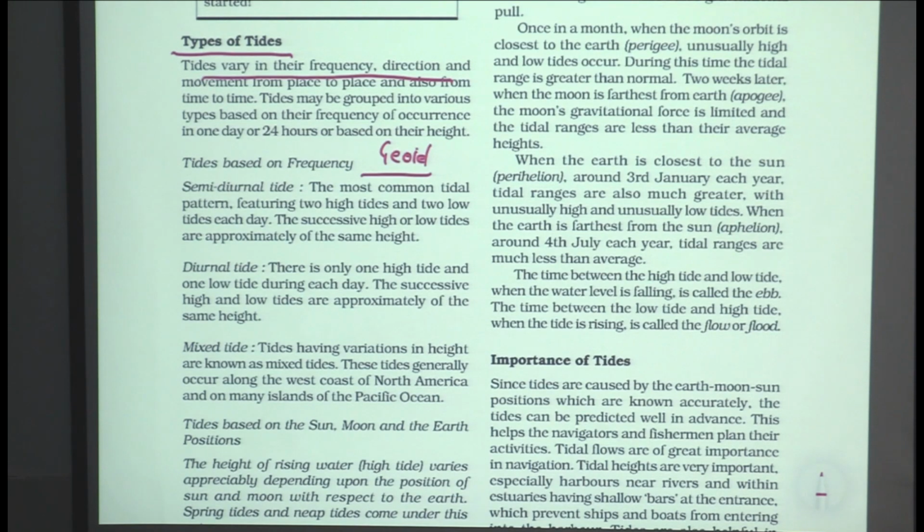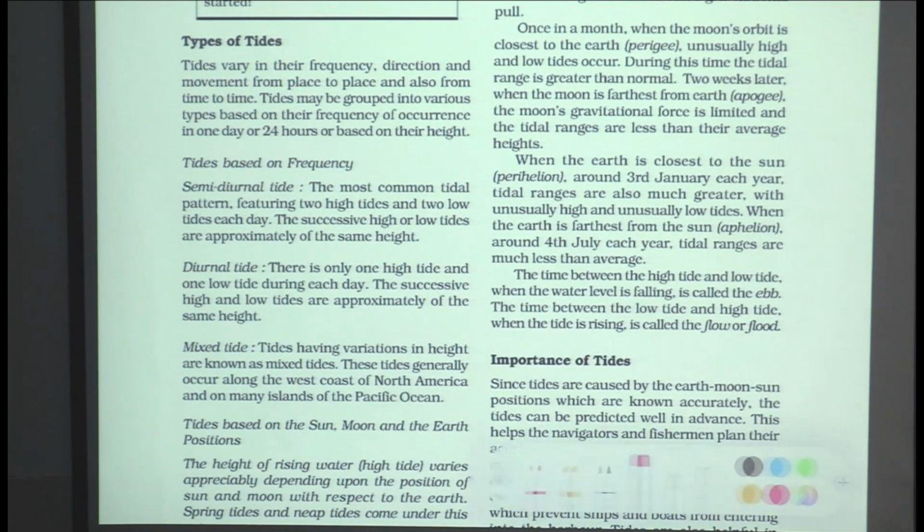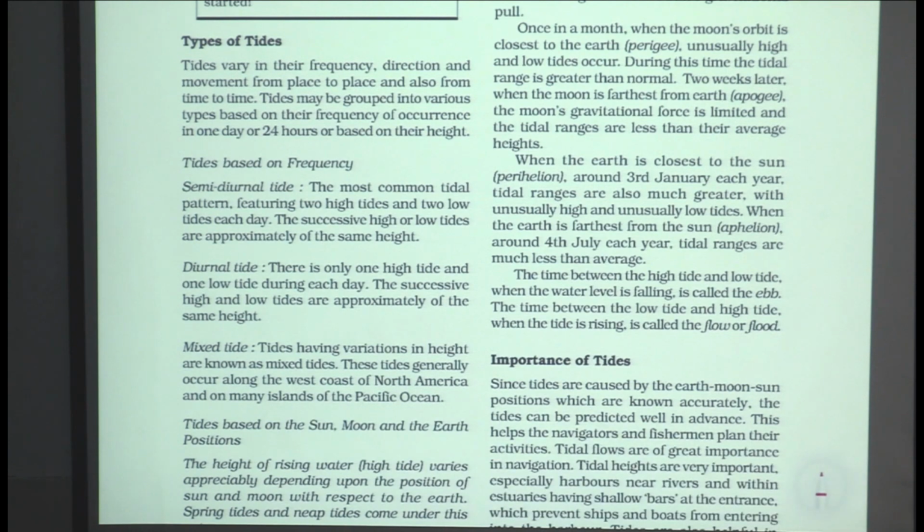We have continental shorelines or continental barriers also. So when I talk about tidal bulge, equal and opposite centrifugal bulge, I don't develop that absolutely. That is the reason I demarcate tides on the basis of modifications. So tides based on frequency are semi-diurnal, diurnal and mixed tide.